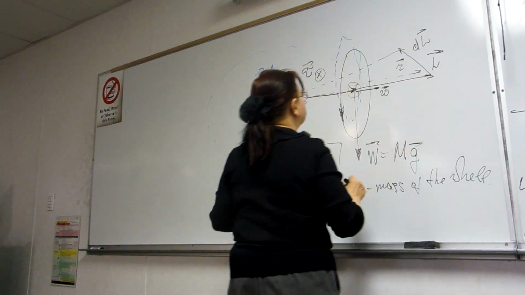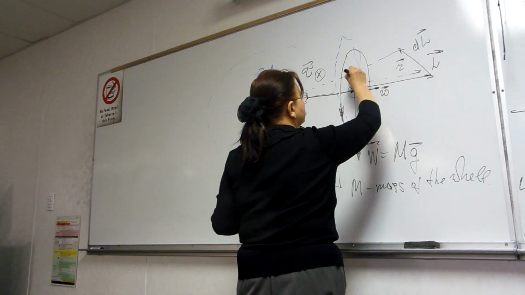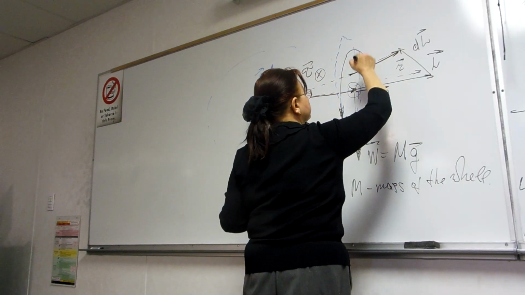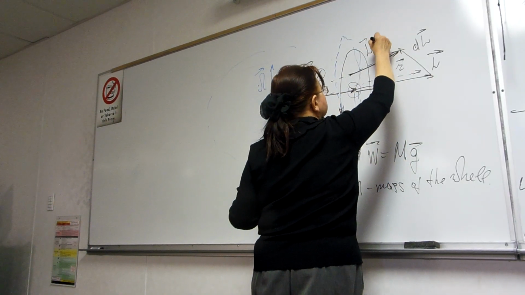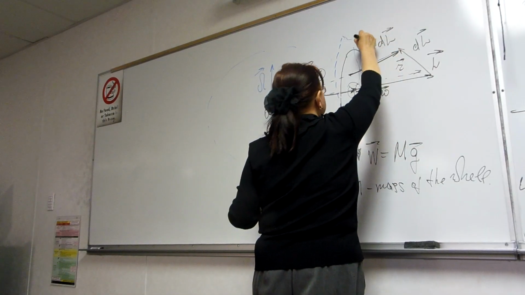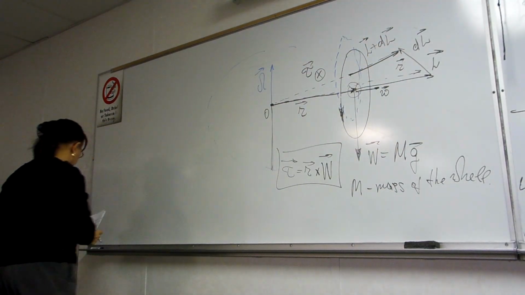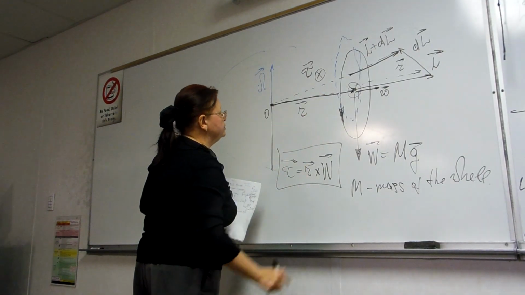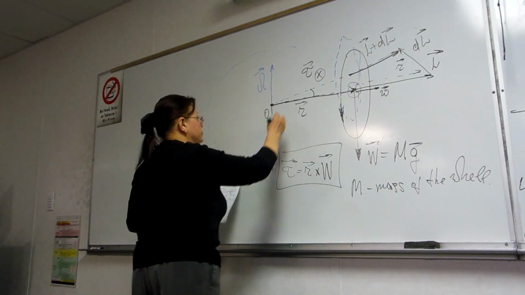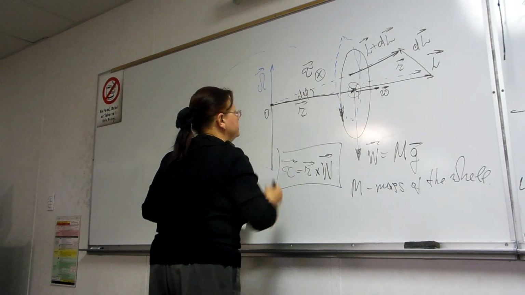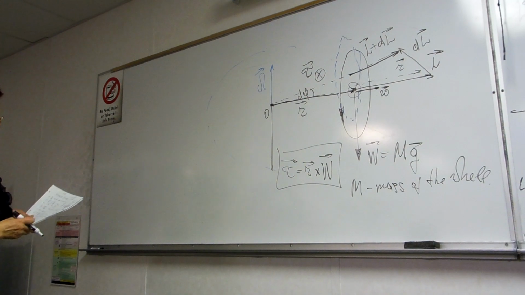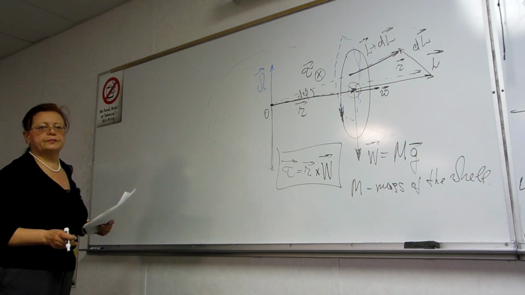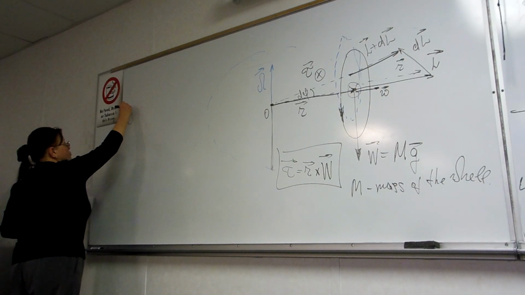So after that dL, we have a new angular momentum, L plus dL. So from all that theory, if we denote that angle d phi, we can find angular speed of precession of gyroscope. That is omega.